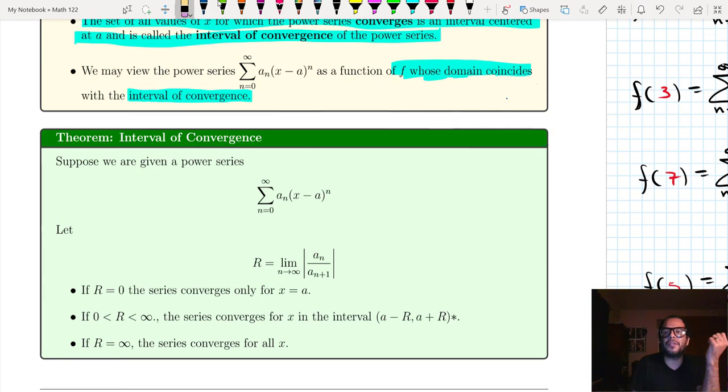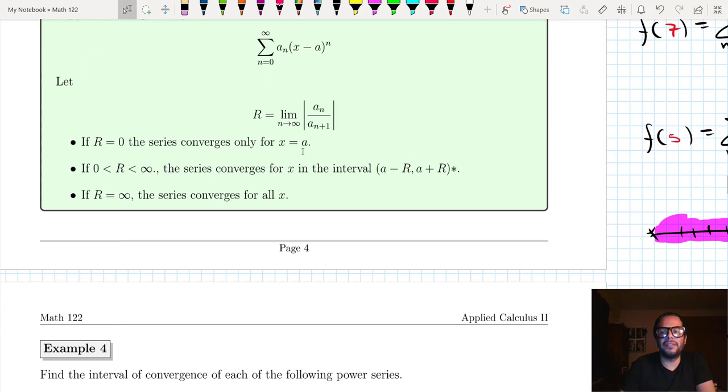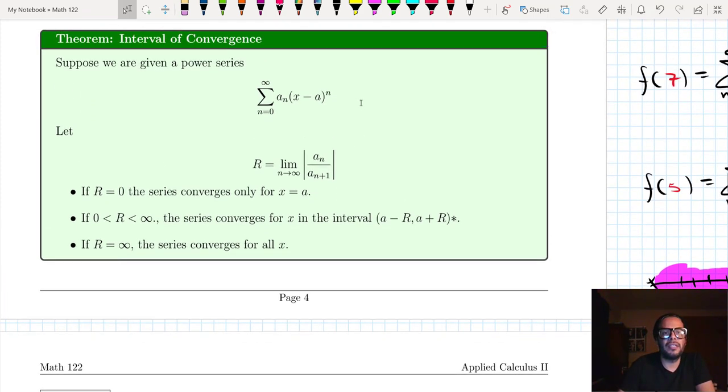So in other words, interval of convergence is a fancy way to say domain of a function. The thing is, the interval of convergence goes with the power series representation of the function, and simple domain goes with the function itself. What is the process to find out what the interval of convergence is? We are going to be given a series.